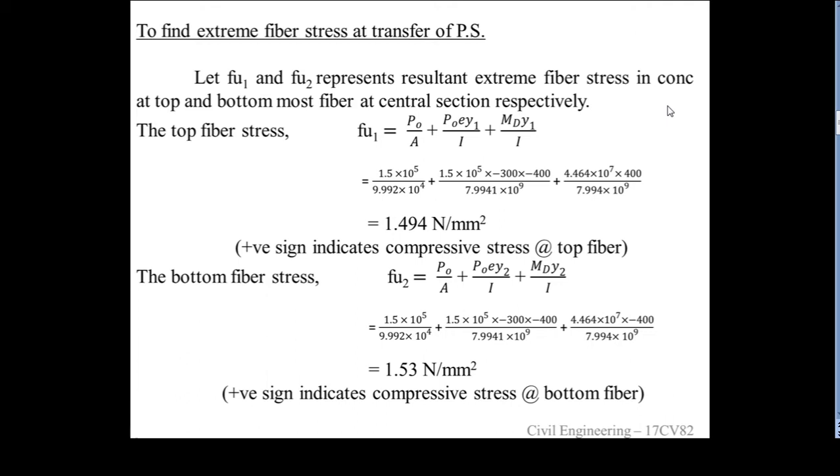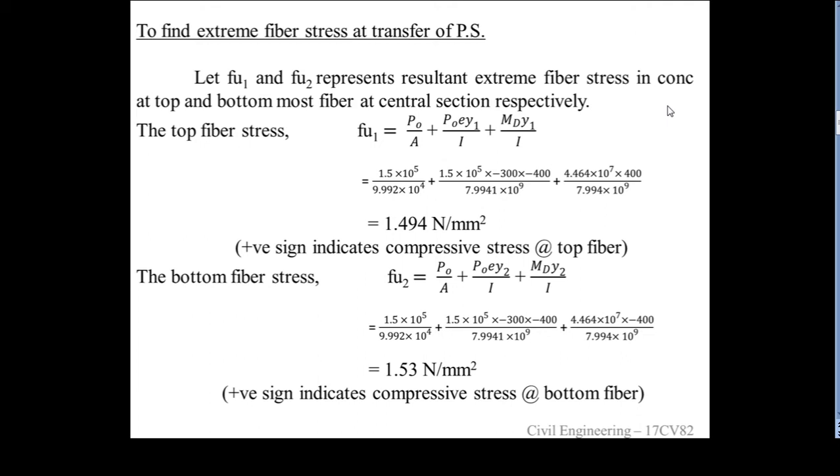Here P naught is the initial prestressing force, A is the area of cross section, E is the eccentricity, Y1 is the distance from top, I is the moment of inertia, and MD is the moment due to dead load at transfer.